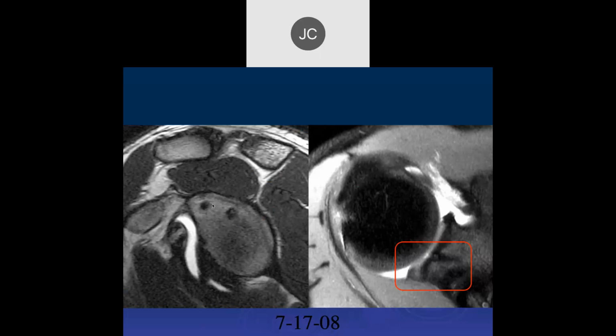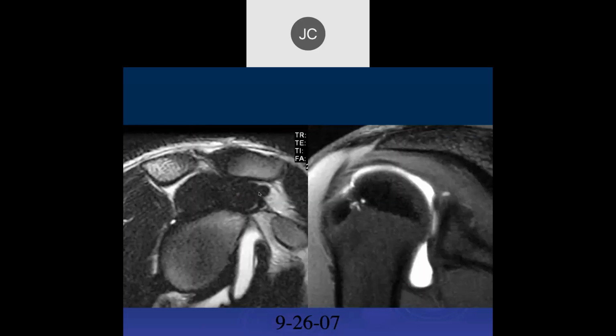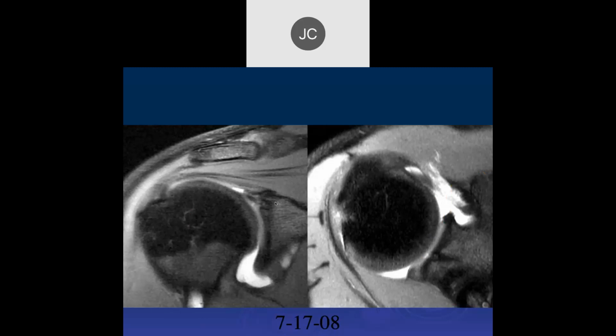Okay, so this was a suture anchor repair. This is one of the suture anchors. There we can see the tear nicely on these. And now we don't really see the tear there, but there's a lot of scarring and distortion due to the surgery. But it looks like they did a good repair here.